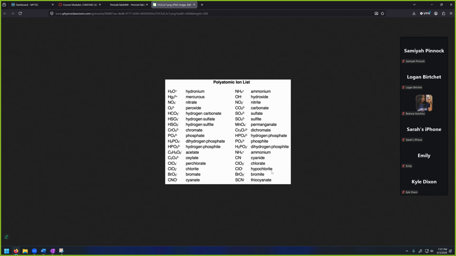Chlorite, the ite suffix there, tells us that it is below the median number of oxygens. And hypo, like hypodermic needle, it is underneath even that lower number of oxygens. So that's why it's just one oxygen on hypochlorite. So that's the short version of how we arrive at the ate versus the ite, but not a skill you're required to do for this exam.